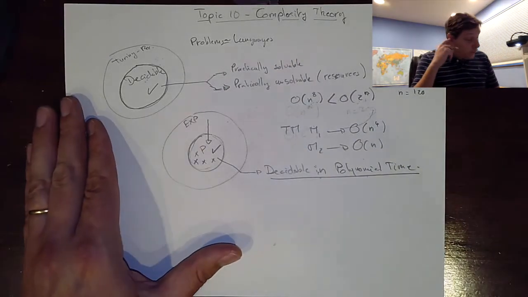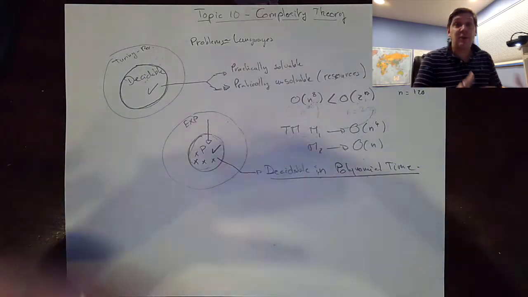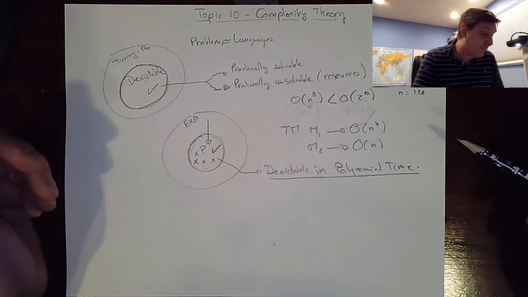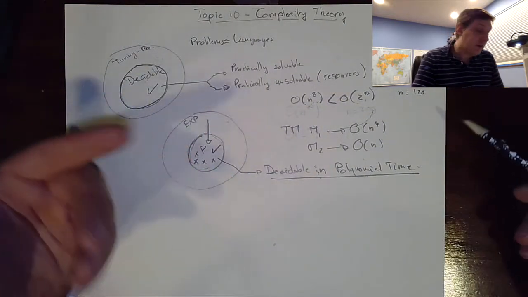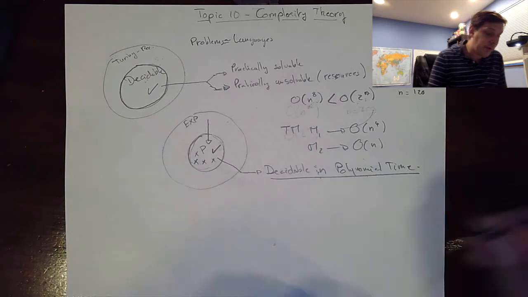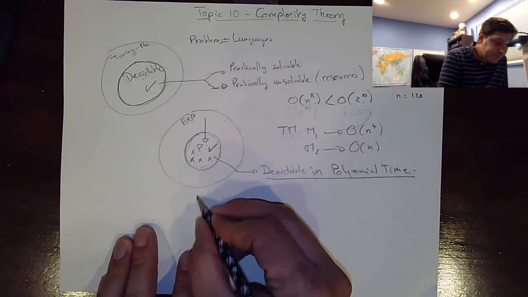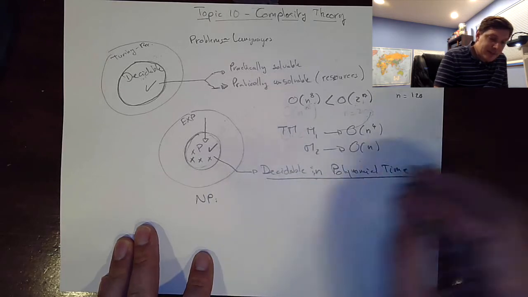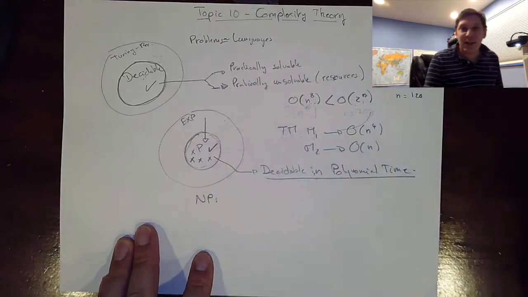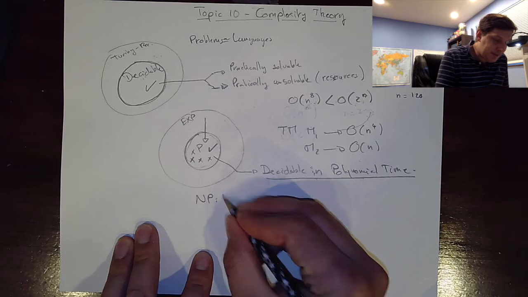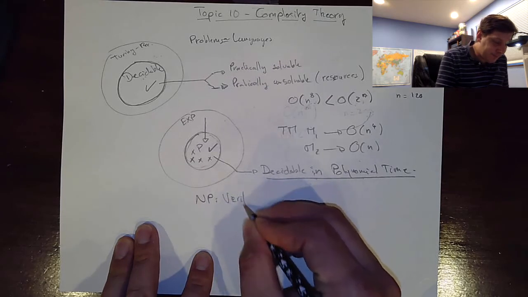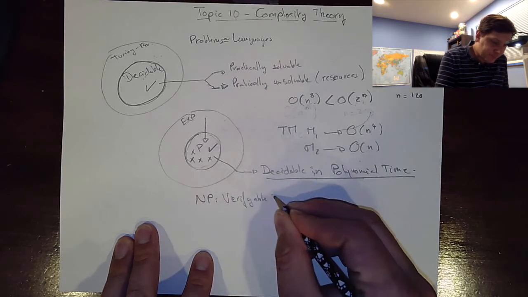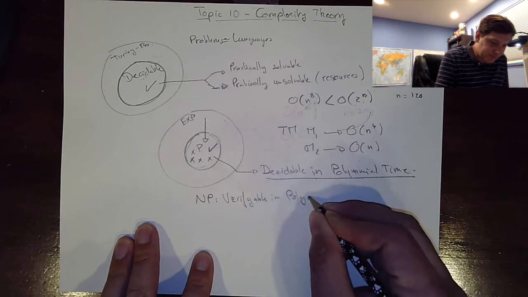Now, we create a new class on top of this one that is called NP, and instead of decidable, we actually say NP is verifiable in polynomial time.